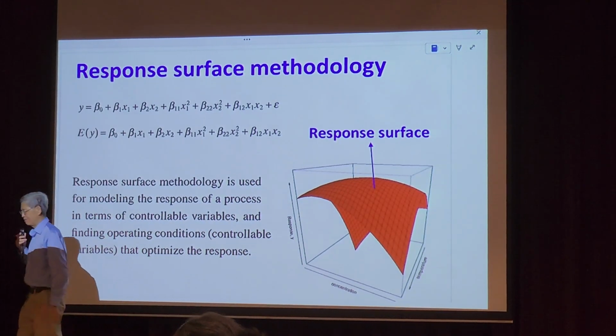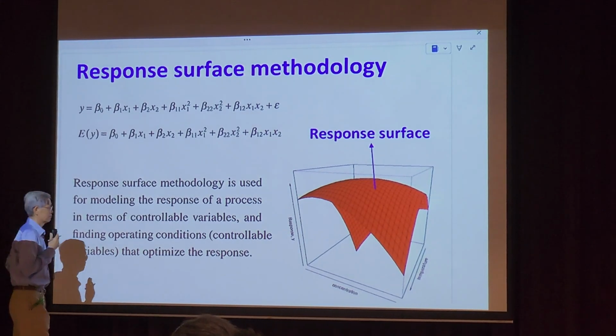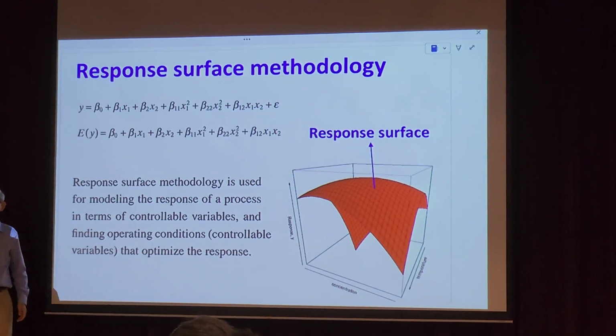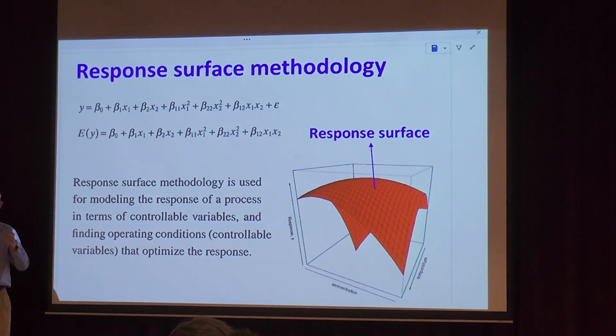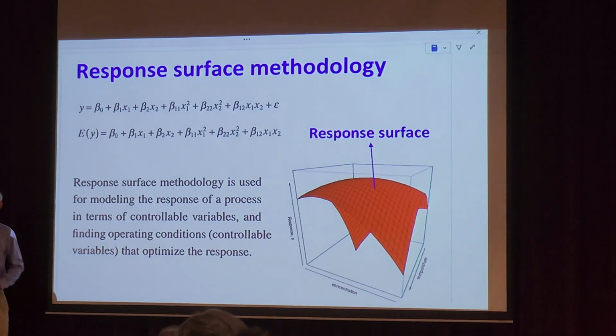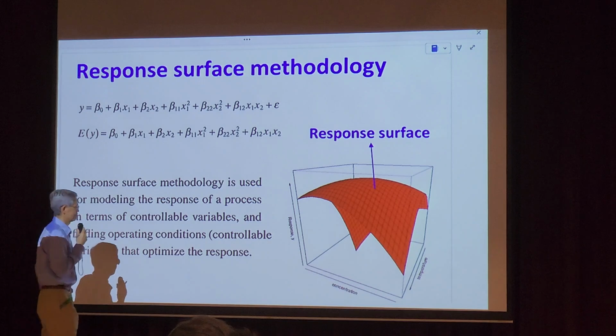So one objective is this. Suppose you are setting up this manufacturing process for the first time. You don't know what concentration to use. You don't know what temperature to use. So you do experiment.